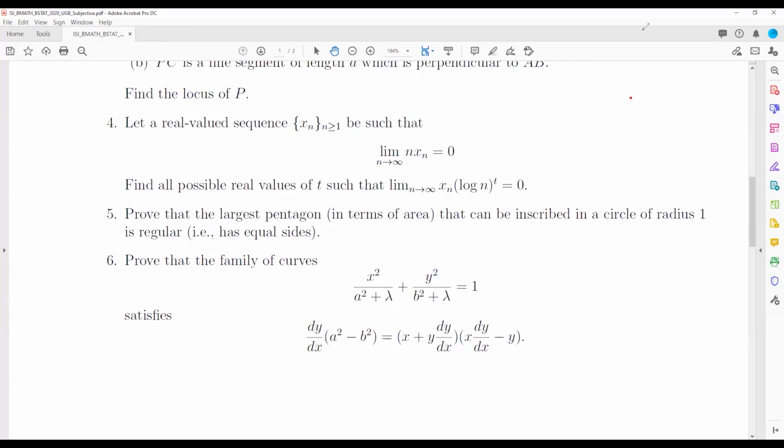So the idea is simple, that is, first of all, you just multiply with n and divide with n. So since you have the limit as n tends to infinity of n x_n equal to 0, and since you have to work with the limit as n tends to infinity of x_n (log n) whole to the power t, it's better to multiply with n and divide with n.